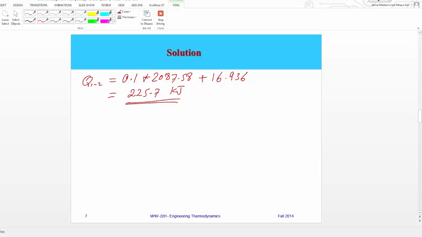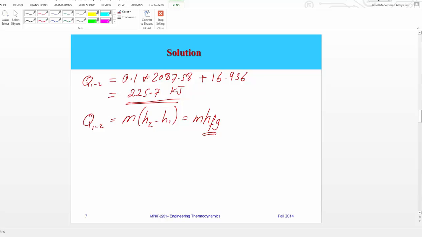Now you can see how many ways you can calculate Q. I can also say Q1 to 2 is the mass multiplied by the difference in enthalpy, so mass times Hfg. That's another way of calculating.